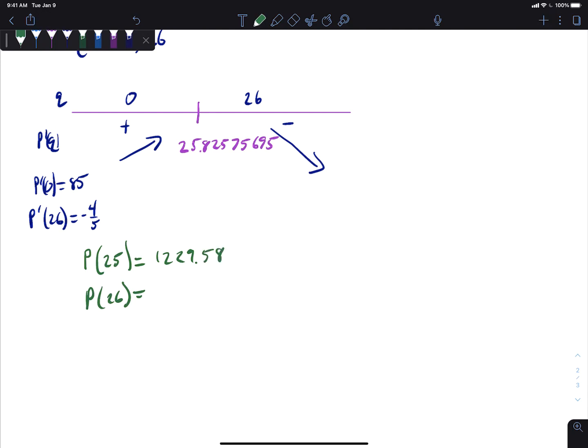Now let's do the same thing here, except this time for 26. And math 2 enter. 1231.07. So there you go. 26 is in fact where the maximum will occur.